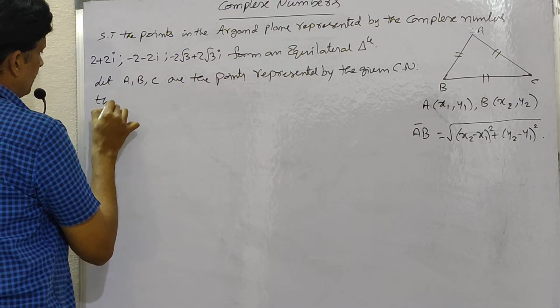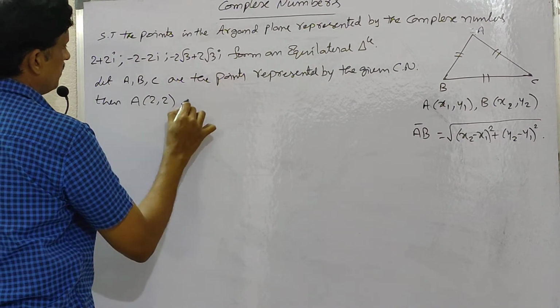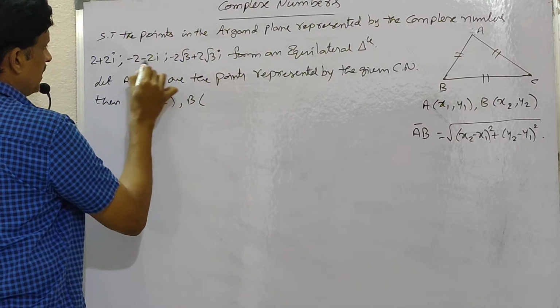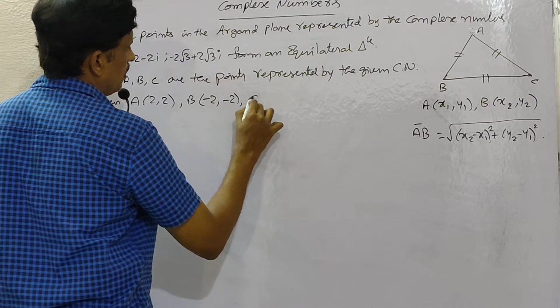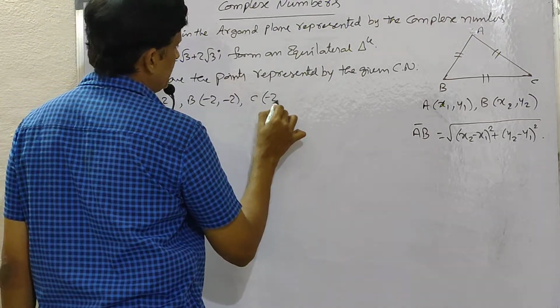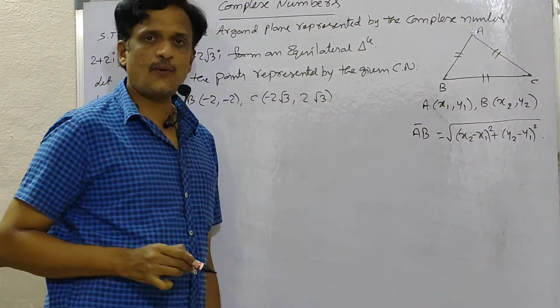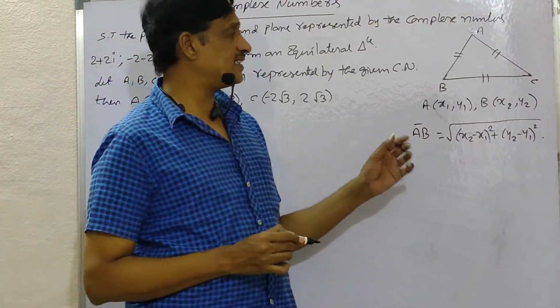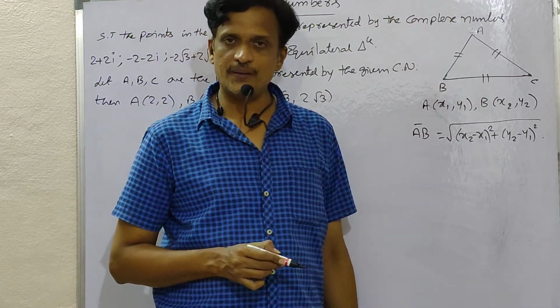A will be (2, 2) because it is 2 plus 2i. B, the second complex number, is minus 2 minus 2i, so this will be (-2, -2). And C will be (-2 root 3, 2 root 3). These are the 3 given points A, B, C. Now we have to prove that by joining these 3 points we get an equilateral triangle. That is the required proof.